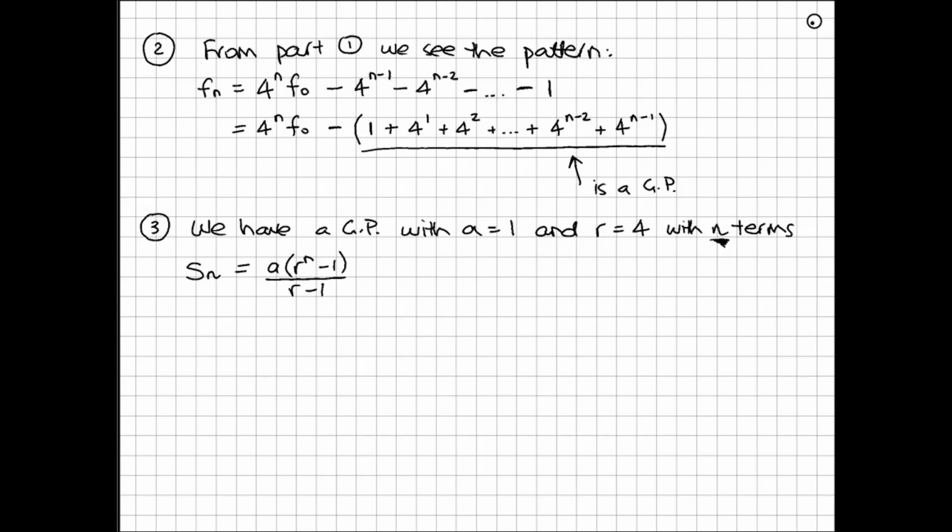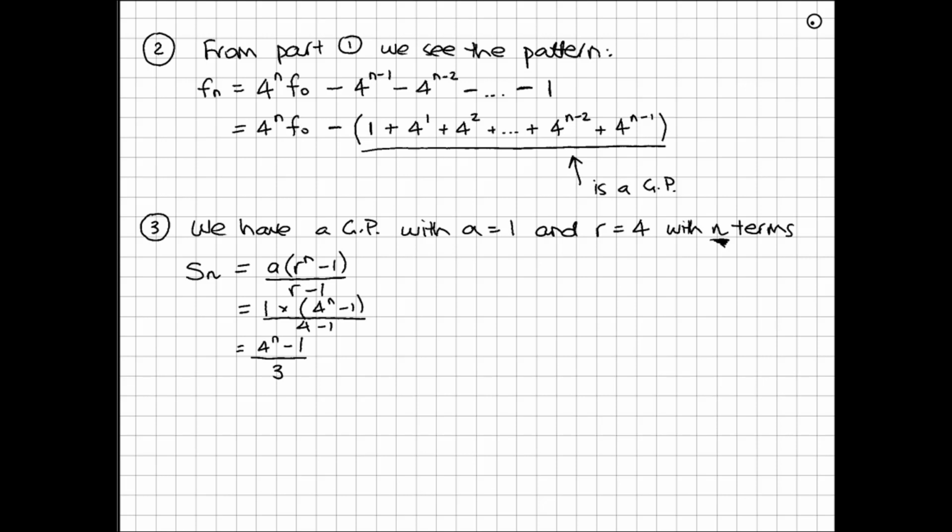So let's substitute in. A was 1, so we get 1 times (4^n - 1) on (4 - 1). I can just write that as (4^n - 1)/3. And that's as far as we can go, because we don't know n. We can't simplify this any further.